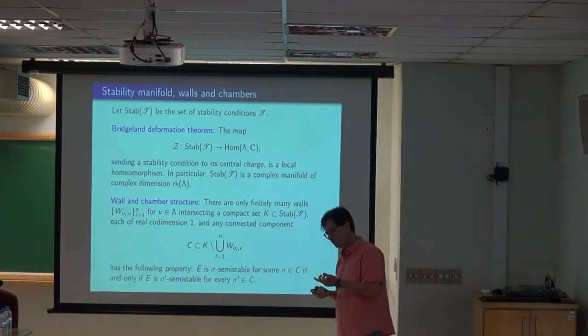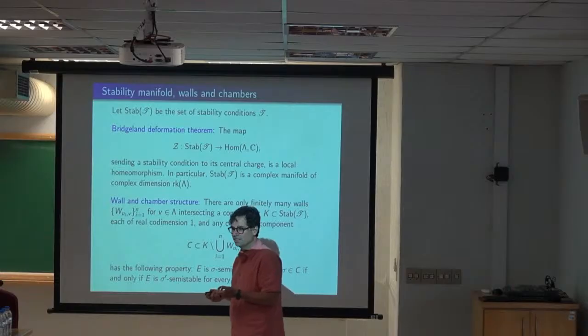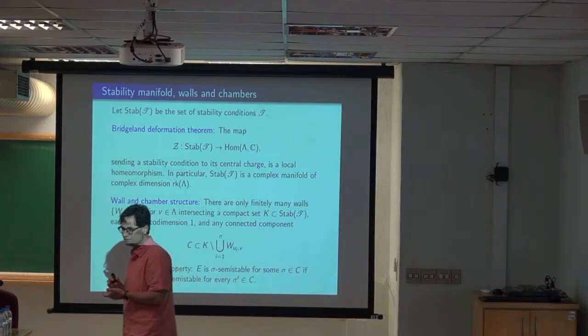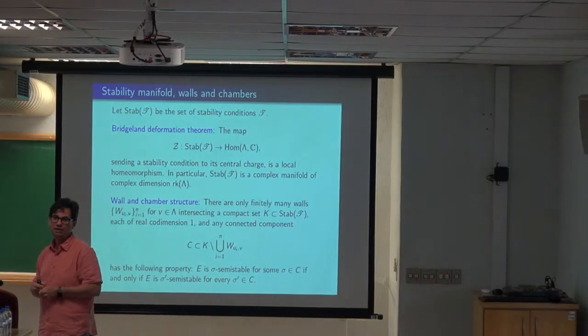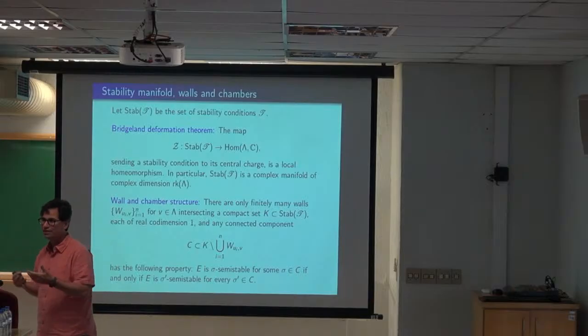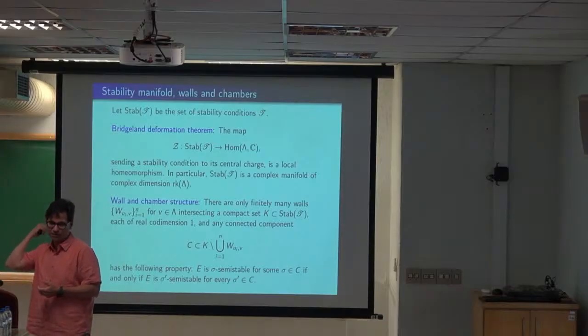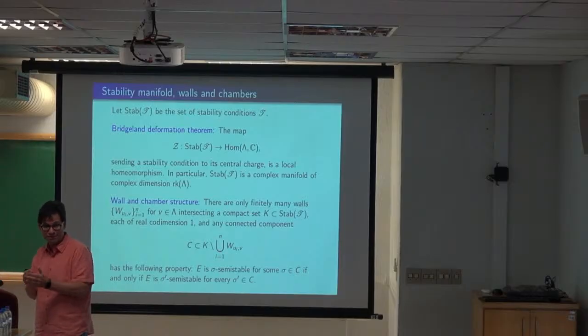So when she's walking in this stability manifold and the thing is red, and all of a sudden she steps into one of these walls, the stability detector becomes yellow. That means that one of the objects in her backpack became strictly semi-stable. So it's not stable anymore, but just semi-stable.